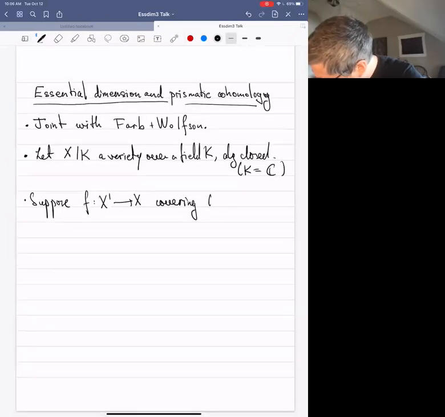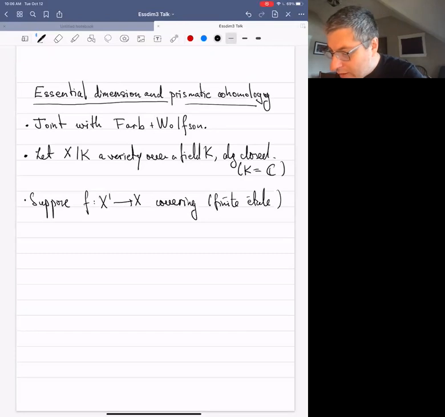In algebraic geometry, that's what you would call a finite étale map. Now the question you want to ask is, when you have such a covering, X is a variety, it has some dimension, right? You want to ask whether you can reduce this covering to a covering of something in smaller dimension.